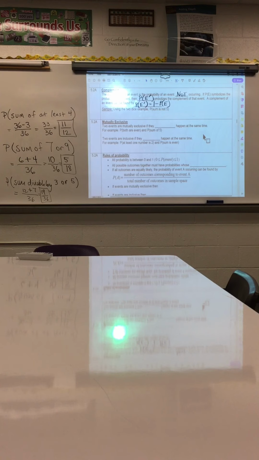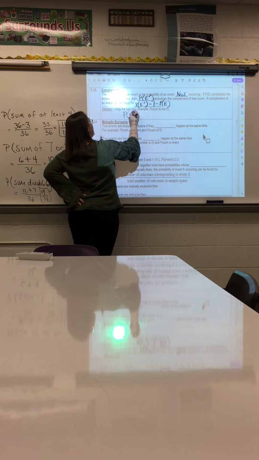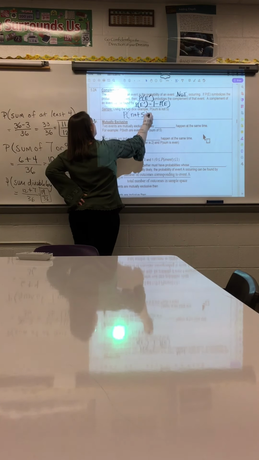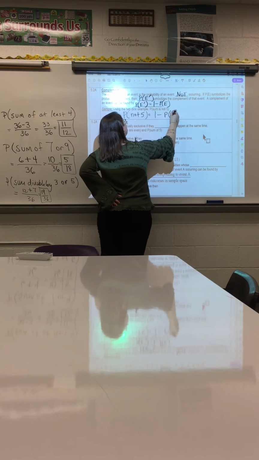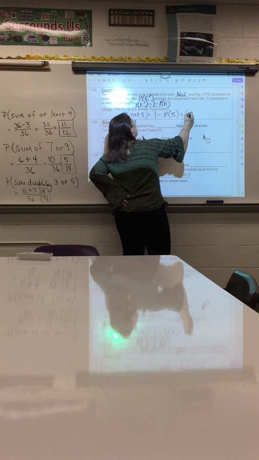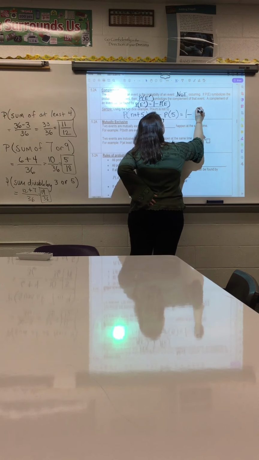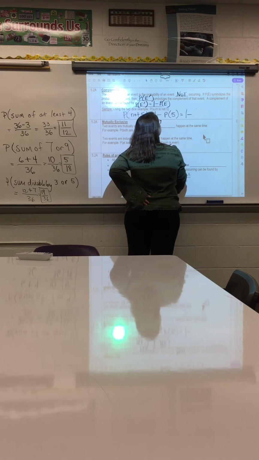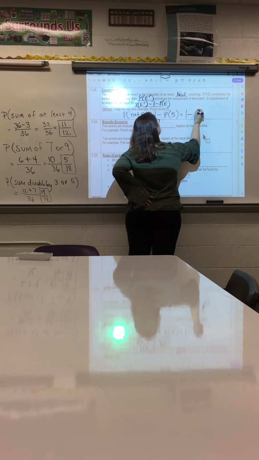So how do we find the probability that the sum is not 5? So not 5 is 1 minus the probability that it is 5. How many are 5? There's 4 that are 5. So you take 36 minus 4, which is 35.